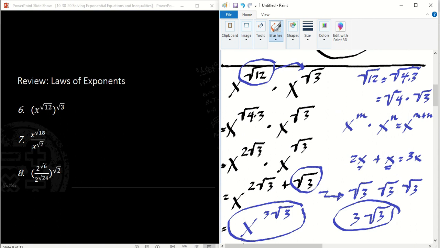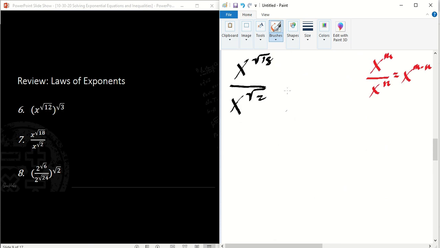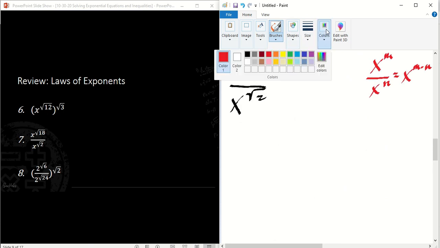Ito, example number 6. Dito, ang ginawa natin, yung exponent natin, in-add natin. Diba? Pinagsama yung 2 square root of 3 at saka yung 3 square root of 3. Pinag-add natin. So, 3 square root of 3. Okay? Yan, pinag-add natin yan kasi multiplication yan. So, dito, ngayon, pagbabawasin natin ang exponent natin.